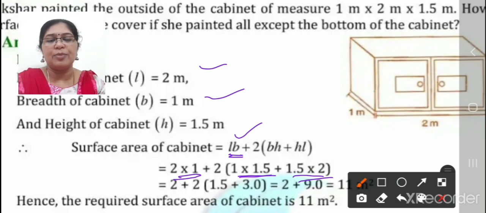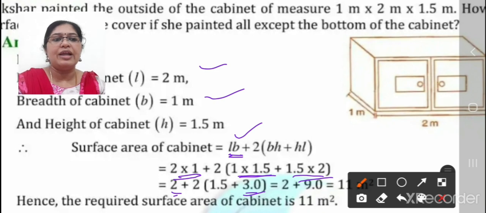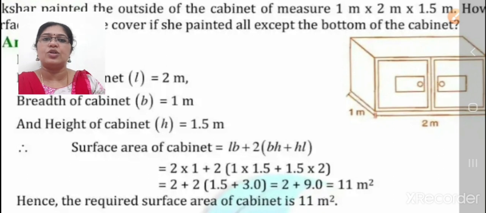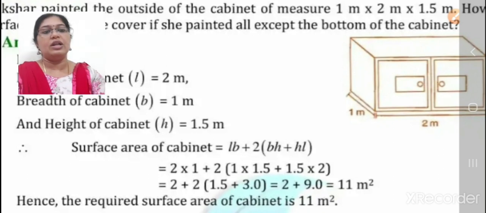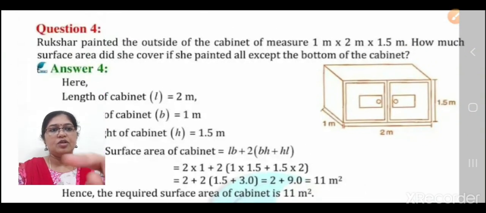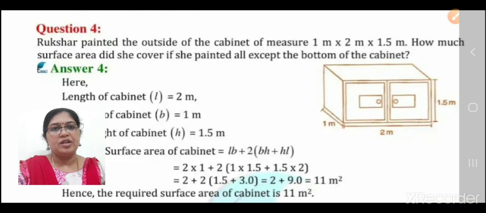You are getting 1 into 1.5 is same 1.5. 15 into 2, 30. As decimal point is there, 3.0. 2 into 1 as usual, 2. Now you are multiplying and adding. Then you will get the answer as 11 meters square. Hence the required surface area of the cabinet is equal to 11 meters square. So what you did, only thing is that the bottom part is not needed, so you took only one L into B. Now we'll go to next problem.